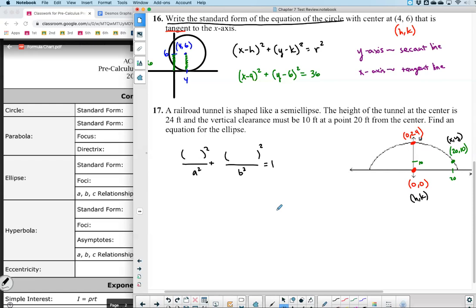We also know that no matter if we put an x and a y, I'm just going to put x for this problem. I'm going to put x in the front, y in the back. It'll have a 0 and a 0, which basically means I'm going to have x squared and y squared.